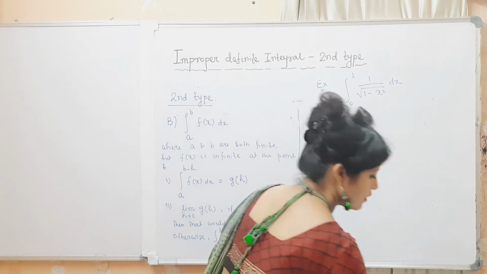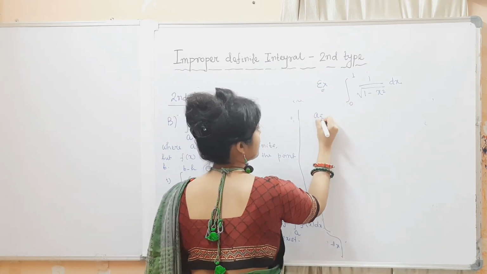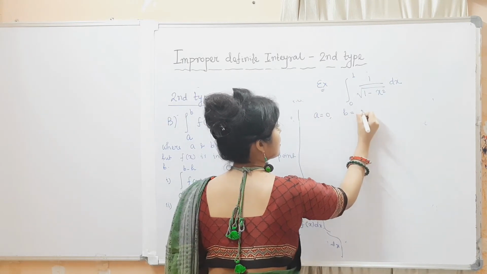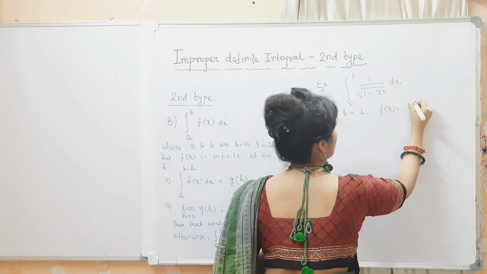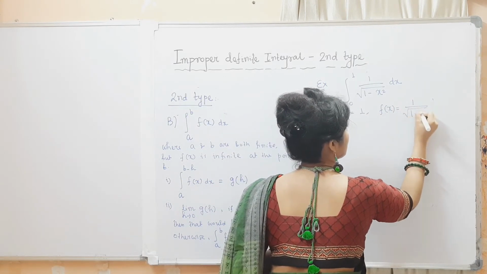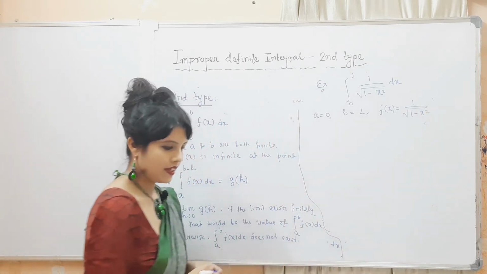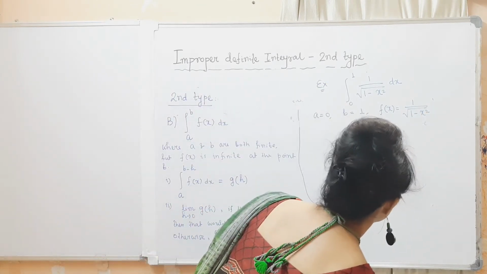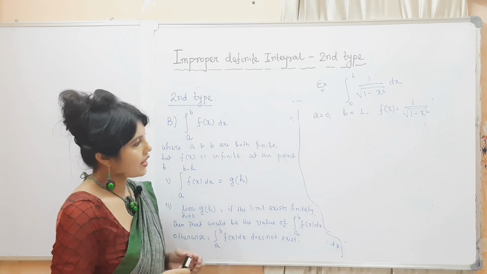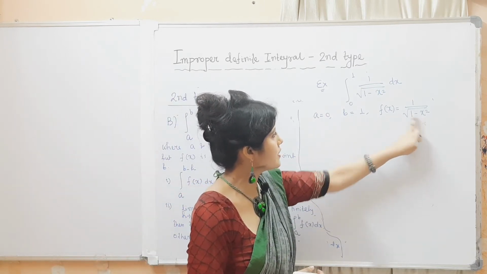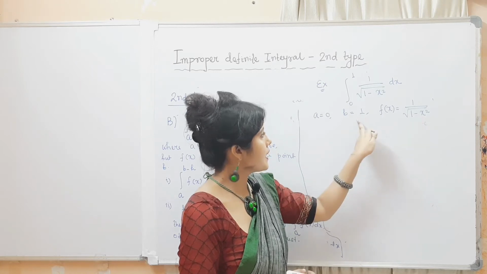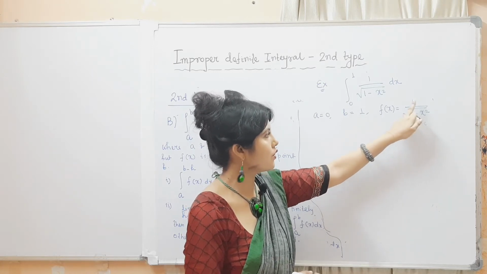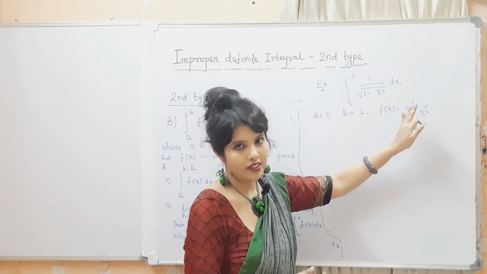So here obviously a equals 0 and b equals 1, and f of x equals 1 by root over 1 minus x square. So clearly the function is infinite at the point b, because whenever you put 1 in the place of x, it will give you an infinite value.